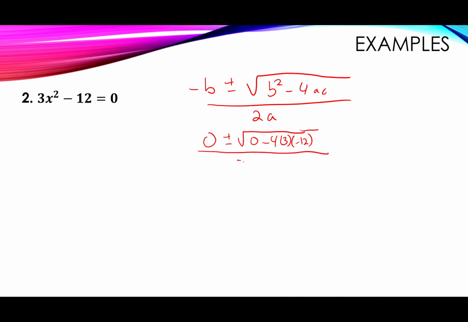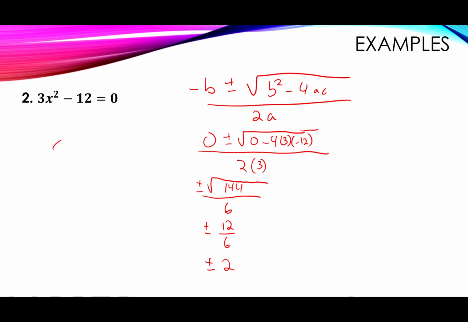And then over 2 times 3. And so again, this would be plus minus. Start figuring out. Well, negative 4 times 3 is negative 12. Negative 12 times negative 12 is 144 over 6.